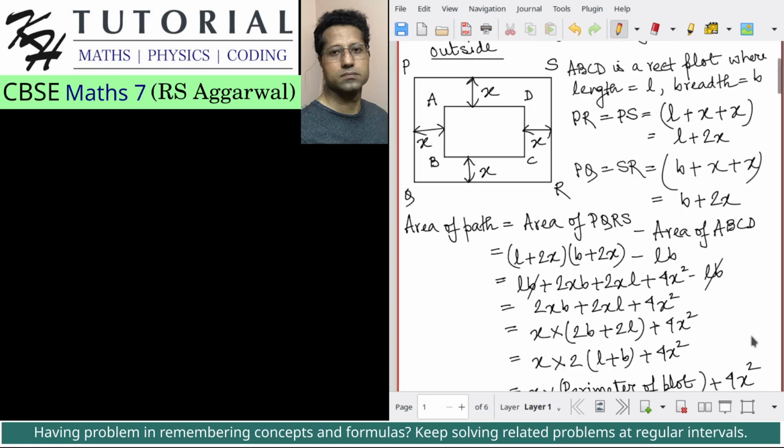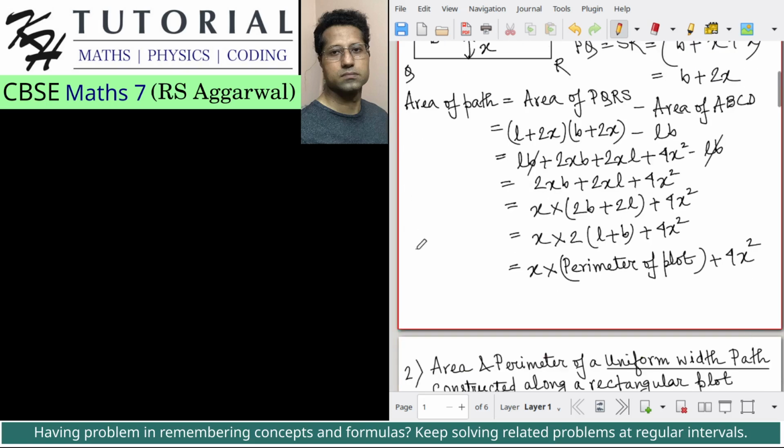Now, please note that the perimeter of the path is, the path is like a ring. The path is a kind of square ring.